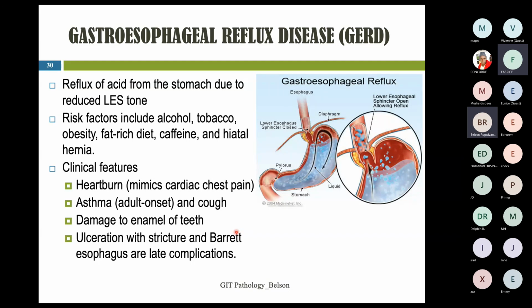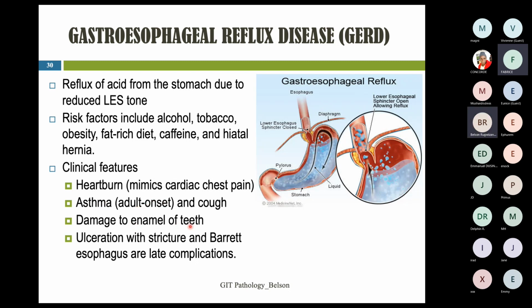Iyo yibonetse ubundi biba bisa naho umuntu agiye kugira kanseri vuba, keretse hafashwe measures zikomeye cyane zo kumuvura. So there are clinical signs nk'umuntu acid zamutse wumva ko mu gituza inyuma hari gushya, mimic cardiac chest pain with heartburn, asthma adult onset, and cough.